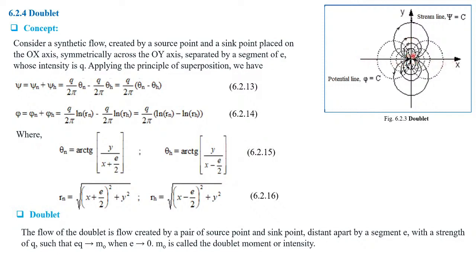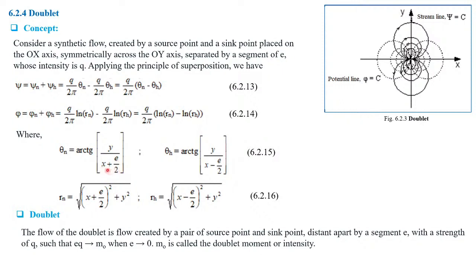Therefore we have this y, and x minus x0. x0 here is on the left, so x0 is minus e over 2, because it is on the left of the y-axis, in the negative. So therefore x minus x0 equals x plus e over 2.